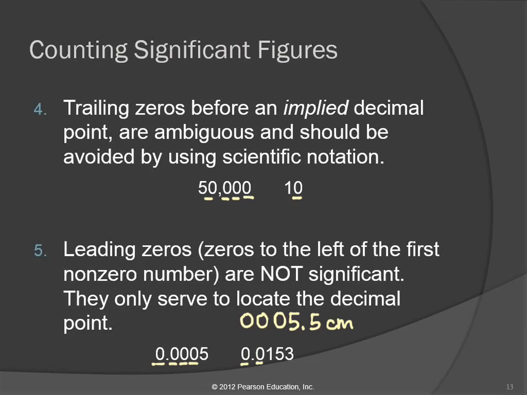Those are not implying a measurement. They're not considered significant figures. Because if we wrote 1, why not write 1,000? So the zeros that come at the beginning are not significant figures. They only serve as a placeholder. We learned about scientific notation on Tuesday. What would this number, 0.0153, be if we wrote it in scientific notation?